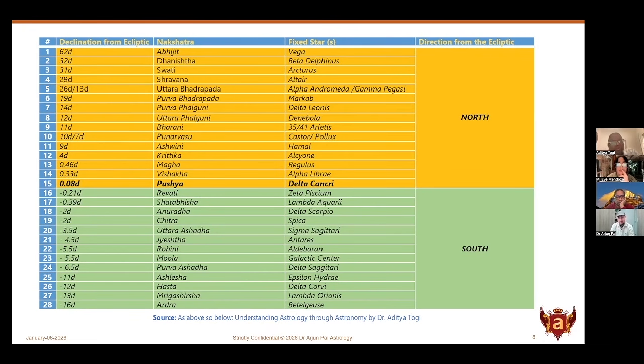Abhijit is the northernmost, and Ardra is the southernmost. Isn't it fascinating? That's why Abhijit means, even in the Bhagavad Gita, Krishna says, amongst all the stars, I am Abhijit. So look at the declination, from 32 to 62. Nobody can even go and catch up with Abhijit.